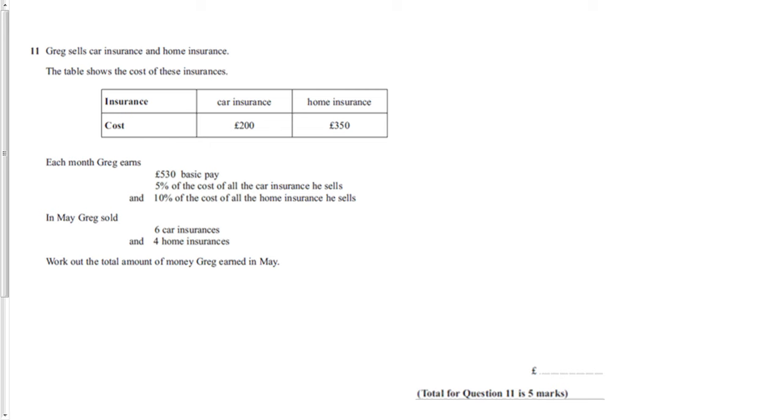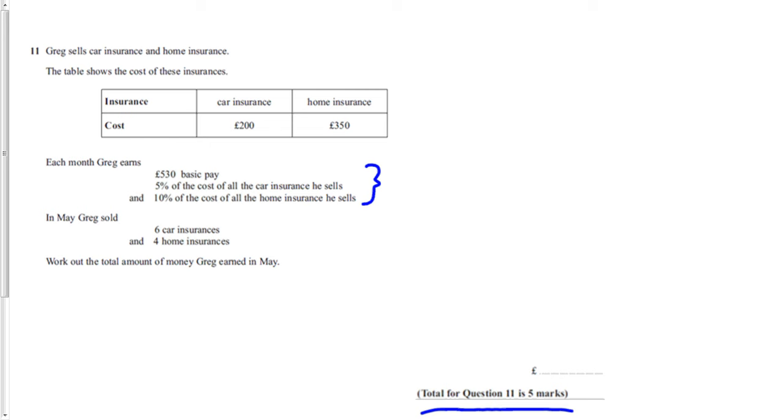Question 11. This one's quite a big question, but it's a reasonably okay 5 marks, because a lot of people have done percentages. Each month, Greg's wages are made up of this. You've got £530 basic pay. Whatever happens, he takes away £530.